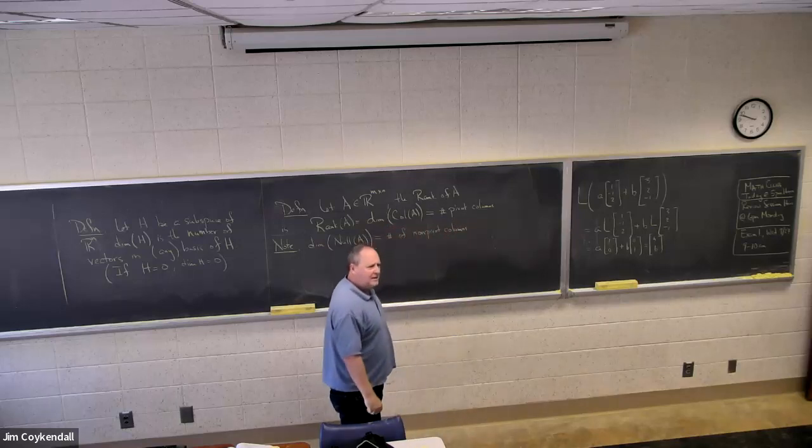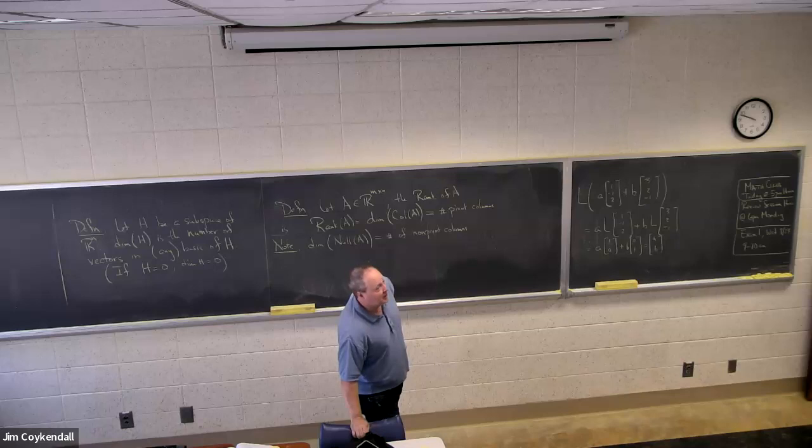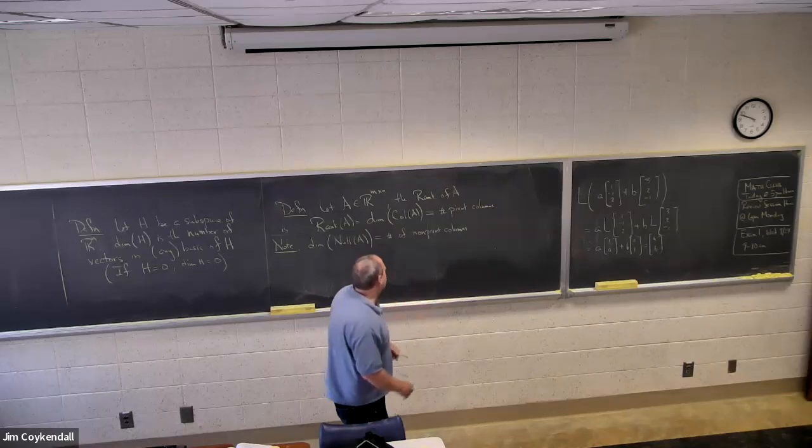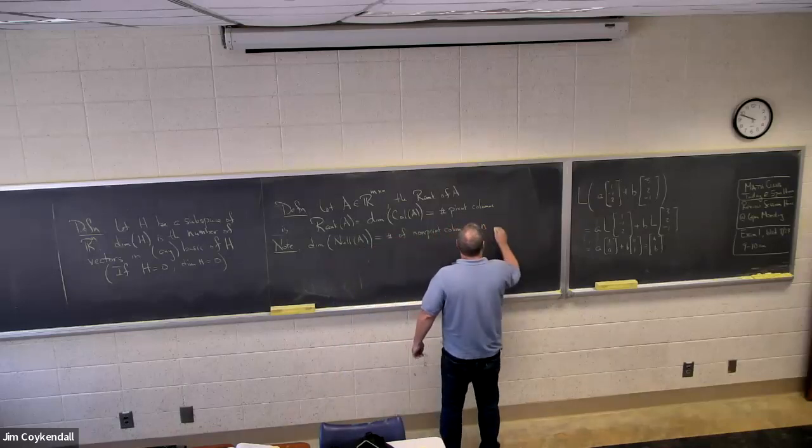Everybody agree with that? Now, I don't know much, but the number of pivot columns plus the number of non-pivot columns should add up to the number of columns. So this should be n, the number of columns, minus the number of pivot columns.